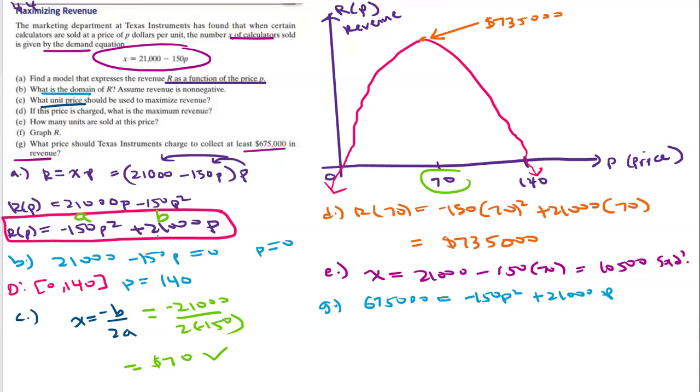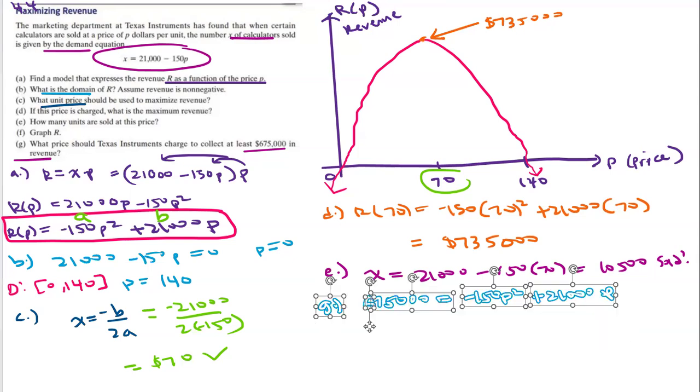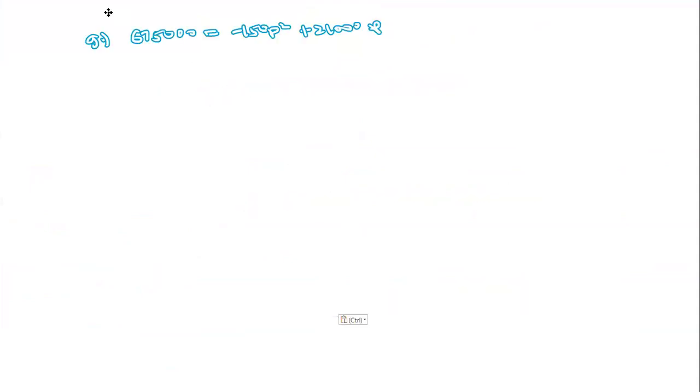I'm going to need some space here, so I'm going to do this on the next page. So I'm going to have 150 P squared minus 21,000 P plus 675,000, and this is equal to 0.